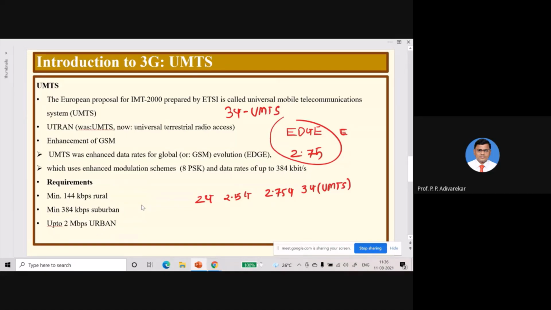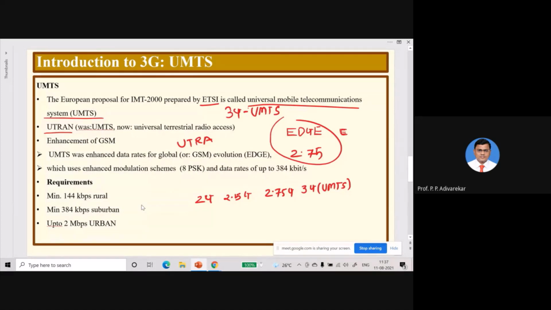It is well known as UMTS, which is originally defined as the Universal Mobile Telecommunication System, defined by ETSI, the European Telecommunication Standards Institute, and later on it was renamed as UTRA, that is Universal Terrestrial Radio Access.